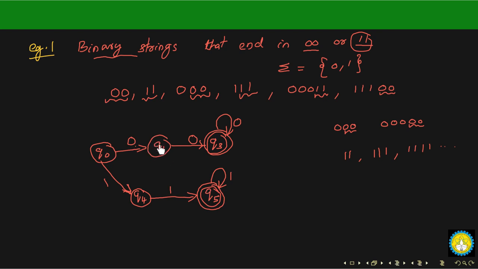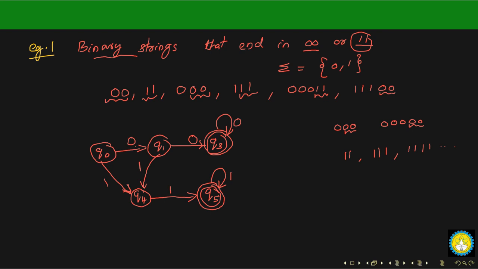So from Q1, if you are getting a 1, what you can do is go to Q4, and from there, if you are again getting a 1, then there are chances that your string ends in 11. That's the thing that makes us decide that from Q1, if you're getting a 1, you're going to go to Q4.